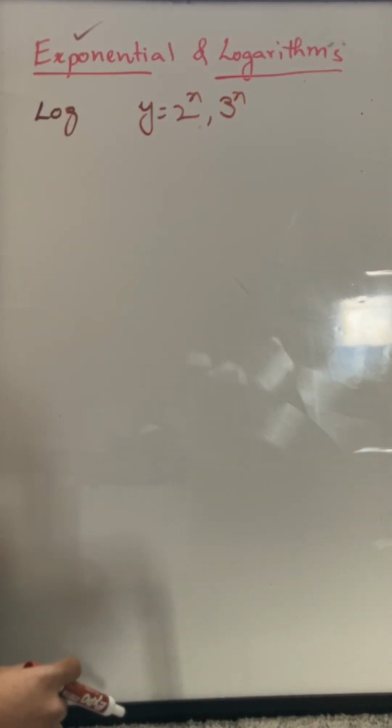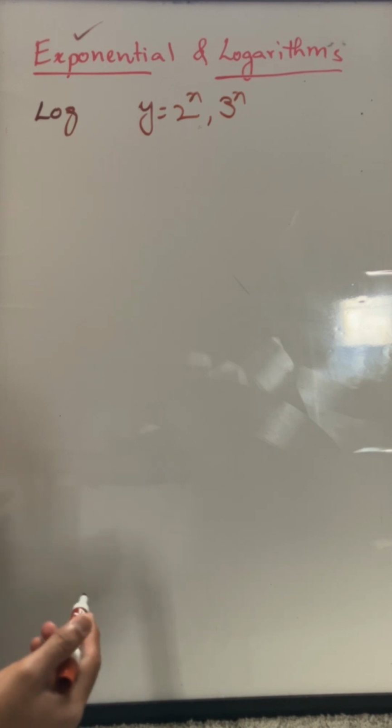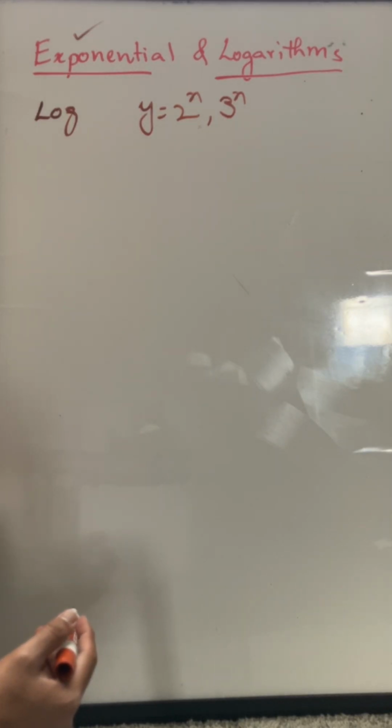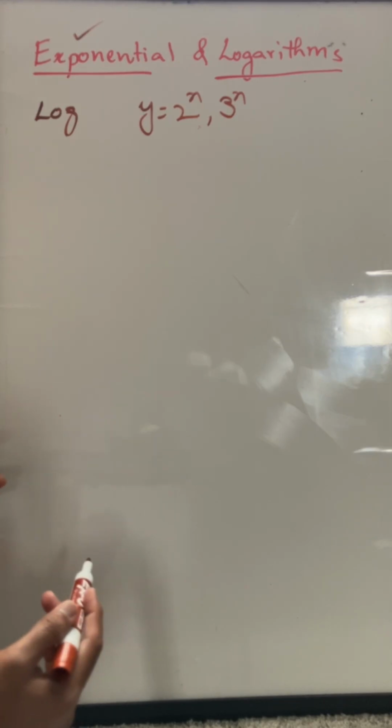Generally we use this term, exponential growth, where we see things like algae and even viruses. Generally they go exponentially, very rapidly.